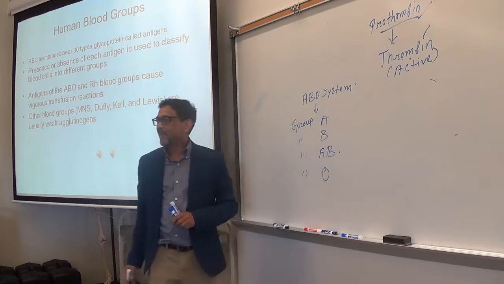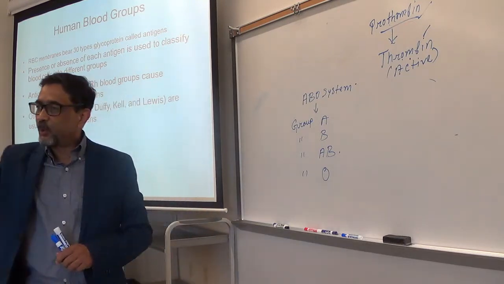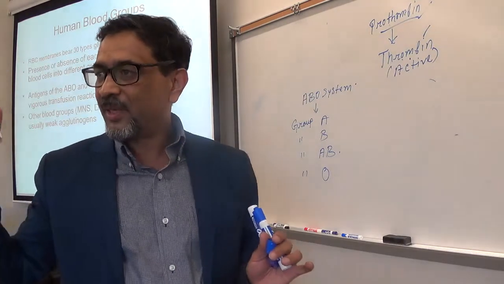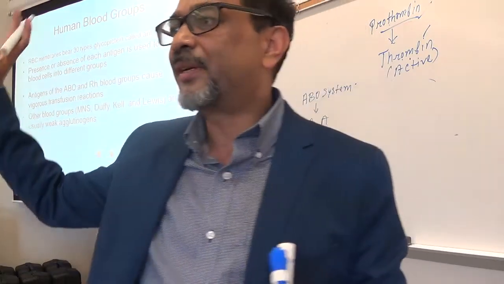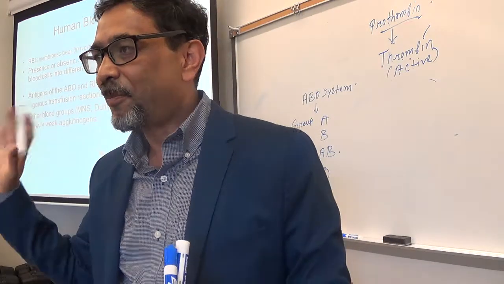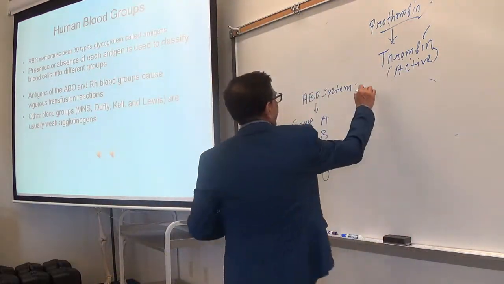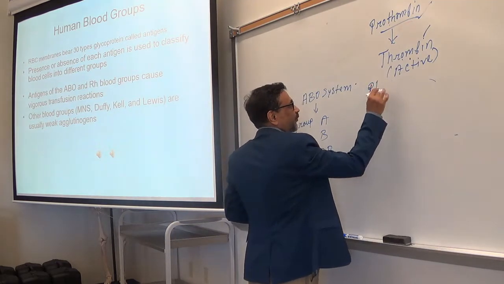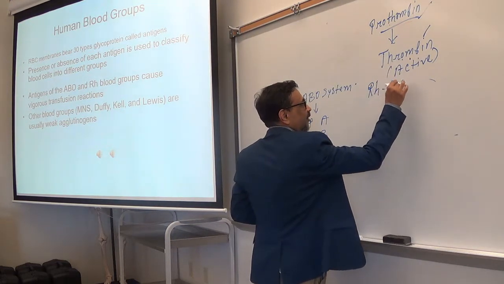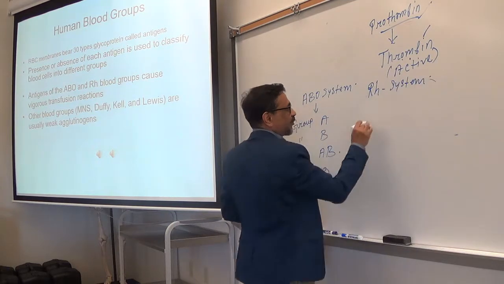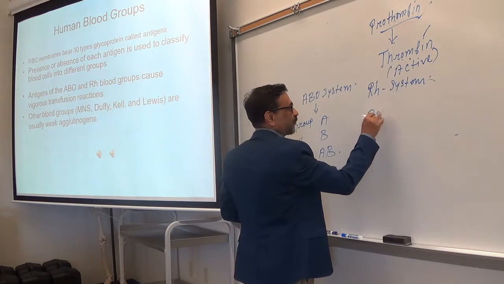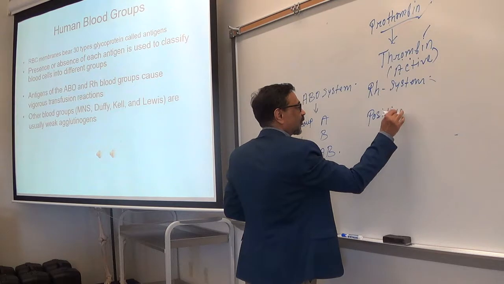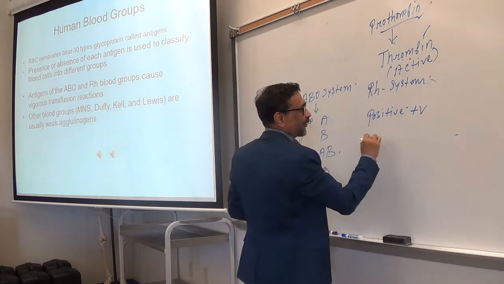O. These belong to the ABO system: type A, type B, type AB, type O. And the RH system includes positive and what?